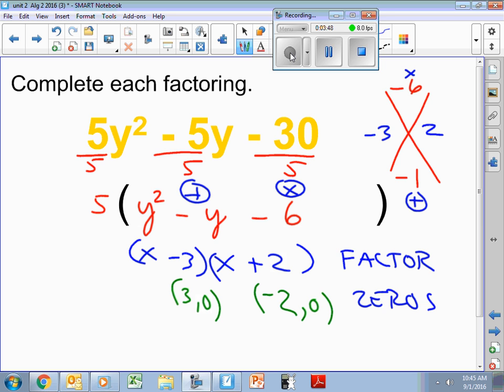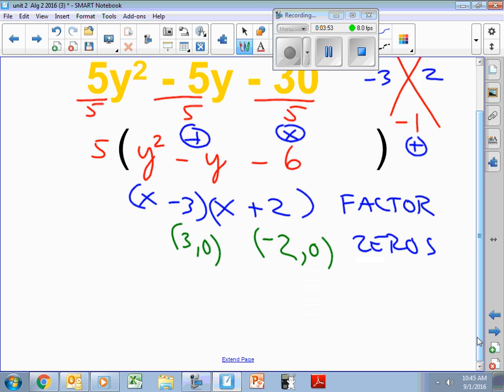What's that next one you need? You need to get your LOS, your line of symmetry. How do you do that? You just add the 2 zeros, and you divide always by 2. The bottom number is always 2. I don't know why they keep making it so they give us decimals.